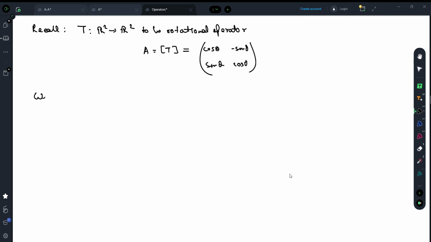So we require some additional tool in order to talk about diagonalization inside a real inner product space in terms of an orthonormal basis.